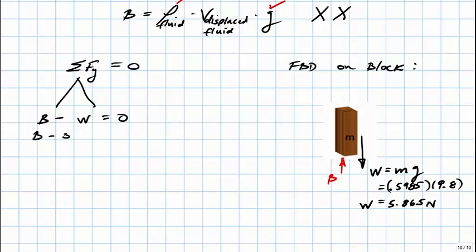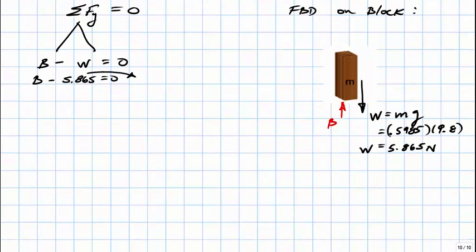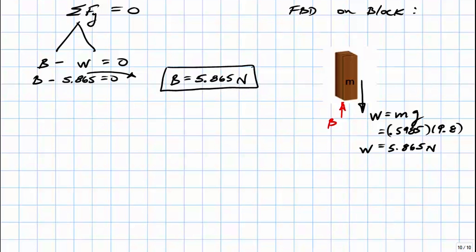The weight, once again, equals 5.865. And if we transfer it to the other side, we can easily obtain the value for the buoyant force. So when the equation is unable to provide us with an outcome, Newton's second law is an alternative.